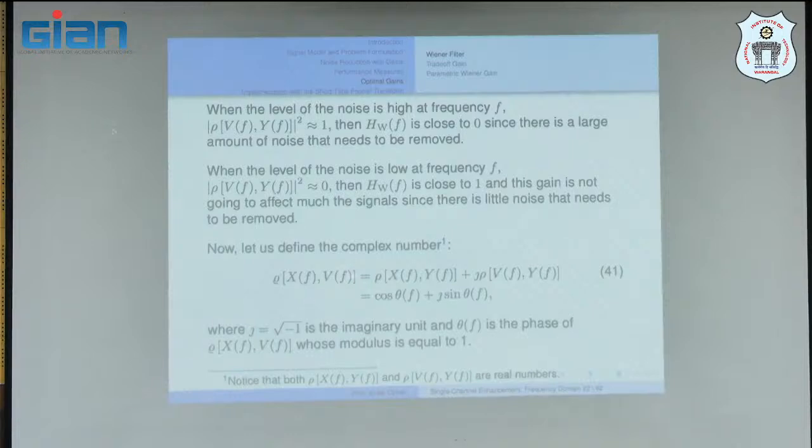And this complex number, we can define it as the coherence between x and y plus j, the coherence between v and y. So you know that the magnitude squared of this plus the magnitude squared of this equals 1.